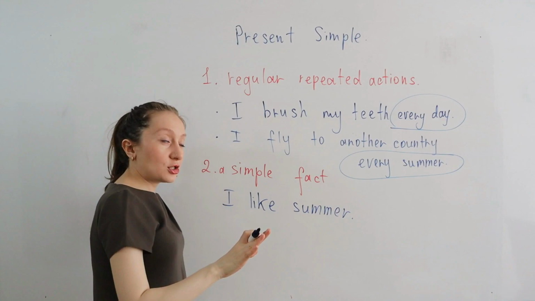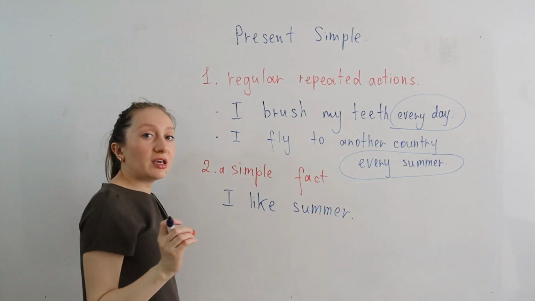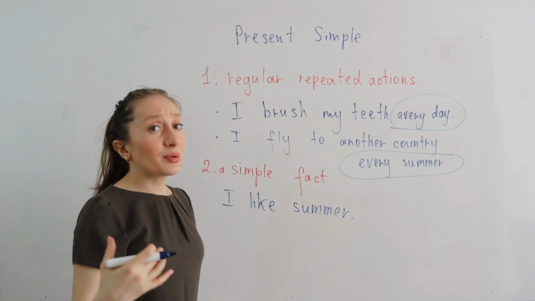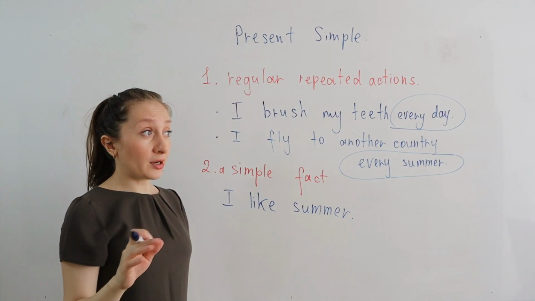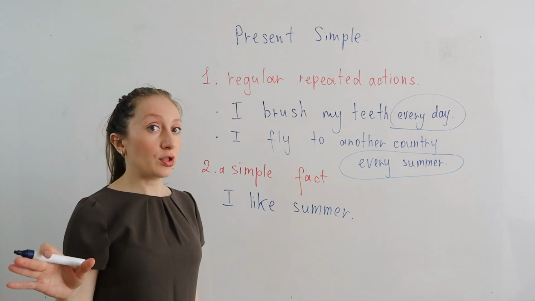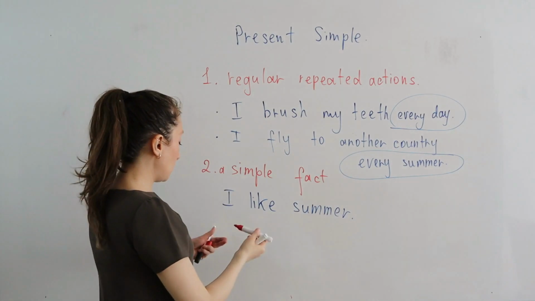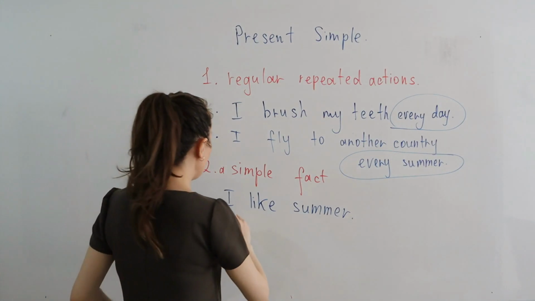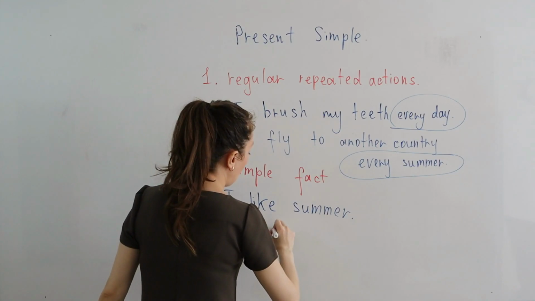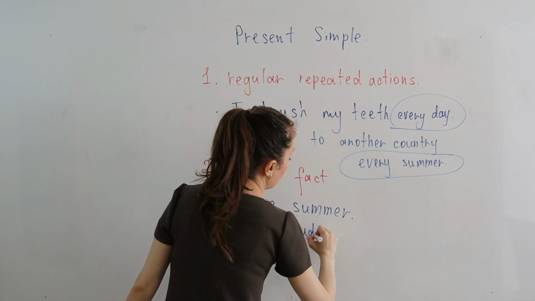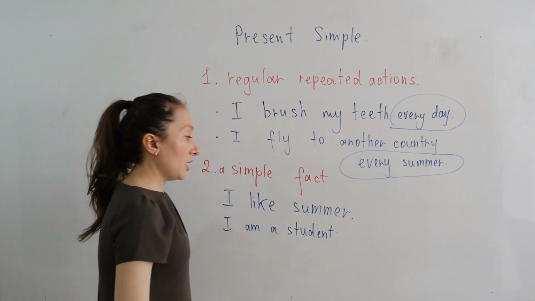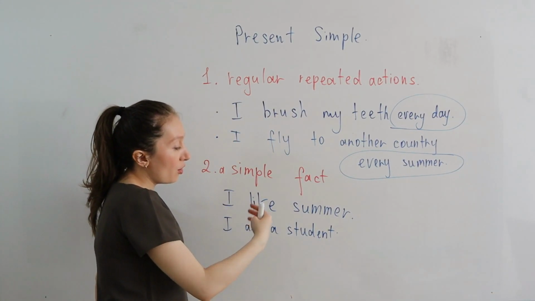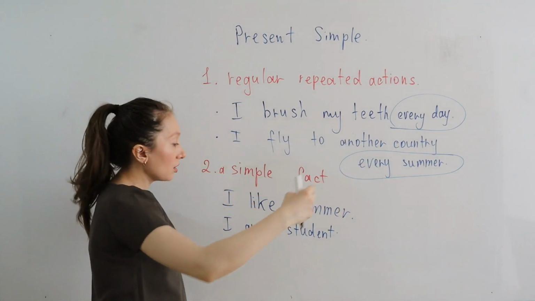So there is no repetition, right? Just you give the information to another person. General information, simple fact about yourself. I like summer. I don't like winter, right? You can use it as a negative sentence also, or for example, I am a student. I am a student. Is this an information? Yes, this is information for somebody that you're talking to.